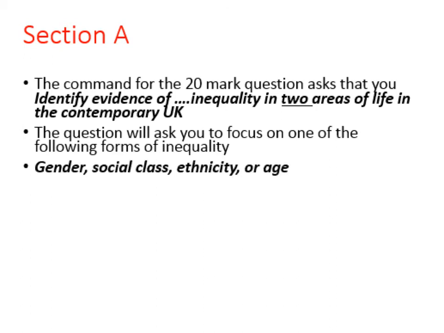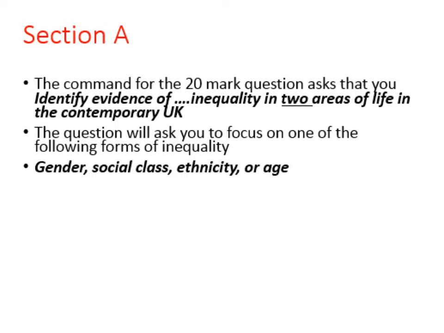So the question will normally ask you either to identify evidence of gender inequality in 2 areas of life in the contemporary UK, or it will be worded in exactly the same way, but it will say identify evidence of social class inequality in 2 areas of life in the contemporary UK, or it will ask you to identify evidence of ethnic inequality, or it will ask you to identify evidence of age inequality.